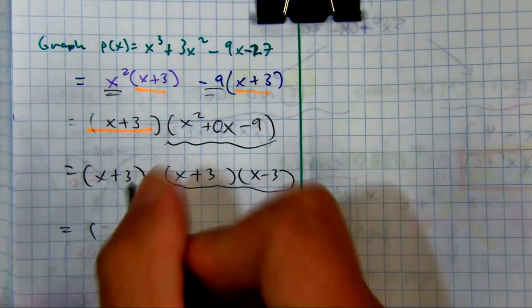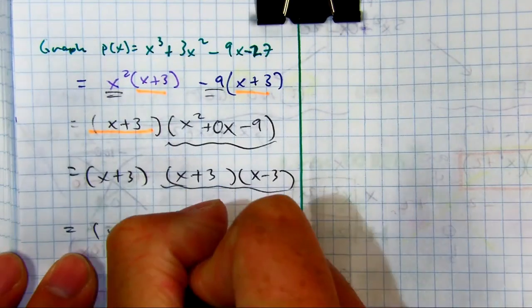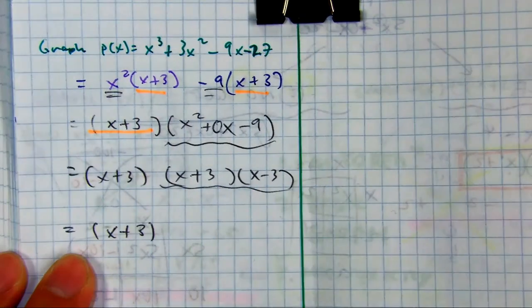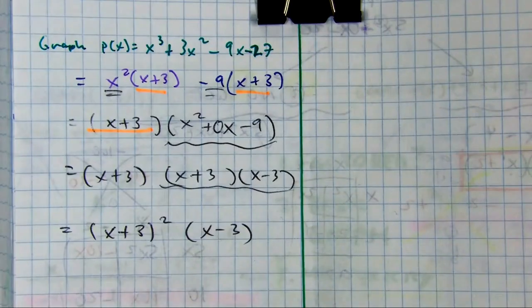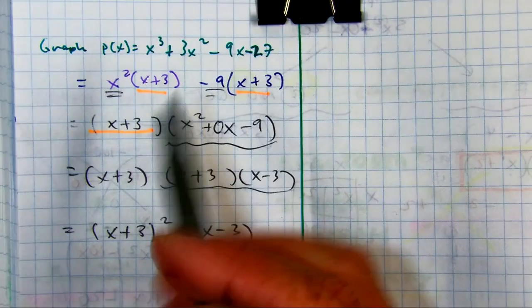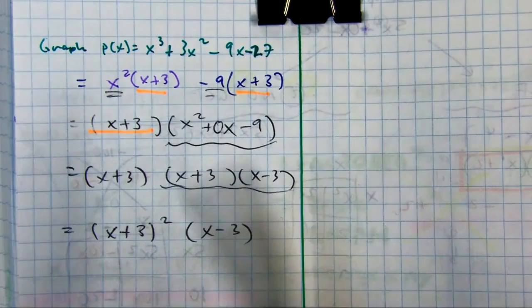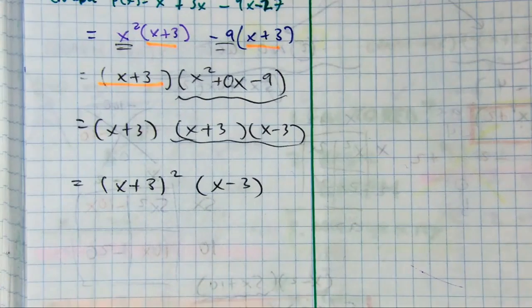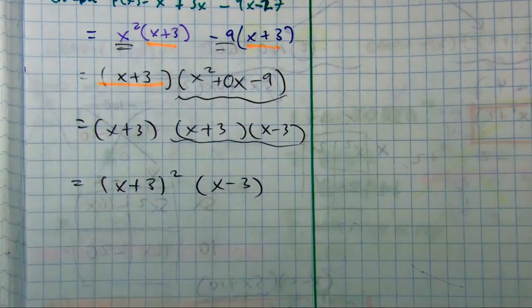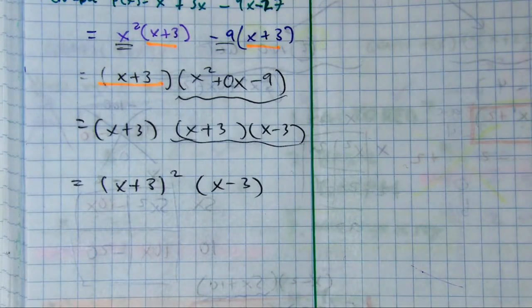So x plus 3, quantity or multiplicity 2, and then x minus 3. So now we've factored it with 4 terms. You could have also used the box method of factoring. So now we have it in factored form.